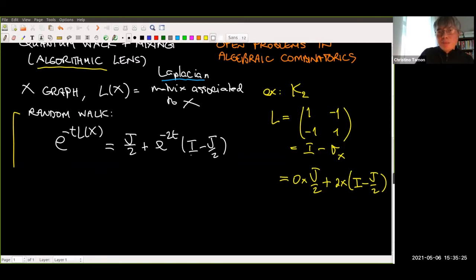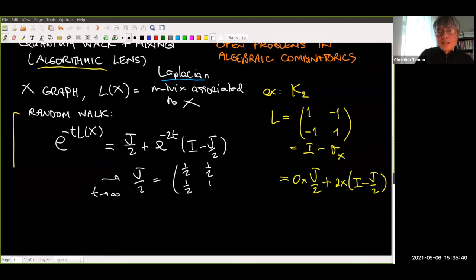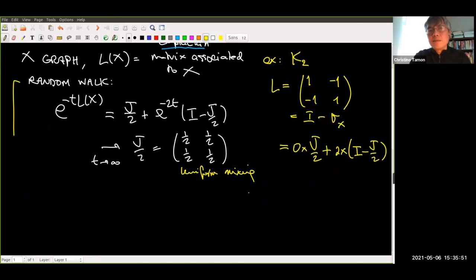As we take t to infinity, what should I get here? Half J. And this matrix is, of course, a flat matrix. So we have uniform mixing, right? Everybody happy?